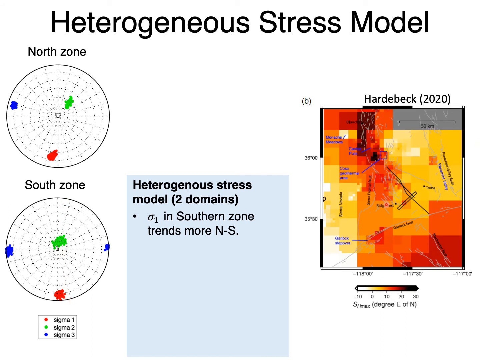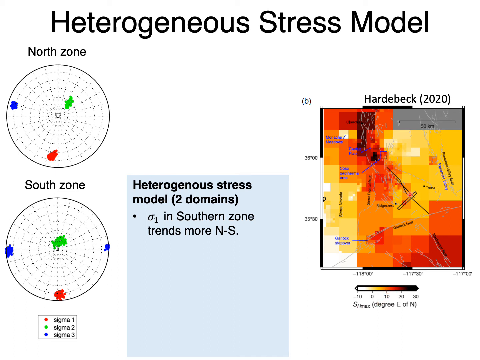And this seems to agree fairly well with what was found by Hardebeck for the interseismic stresses, which was estimated by inverting focal mechanisms from the background seismicity, where in the northern half, the orientation of the maximum horizontal compressive stress is larger than 10 degrees east of north.